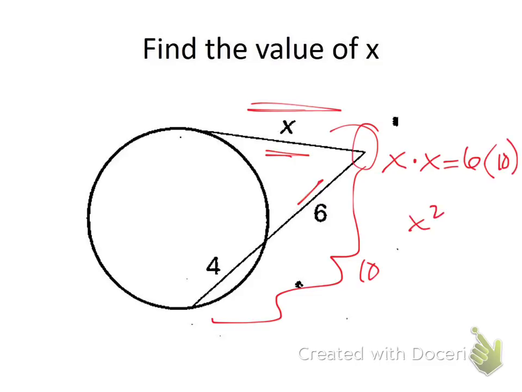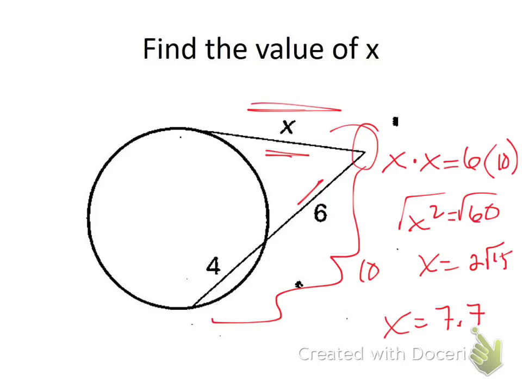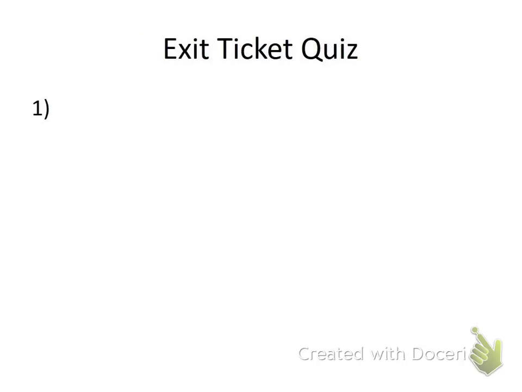So this is going to be x squared equals 60, square root both sides, and again, we're talking about a segment length, so you could reduce it down to 2 square root of 15, but going ahead and calculating out the square root of 60 makes enough sense as well. So we get 7.7. Okay? Sticking with the outside piece times the whole thing. That's it, right? Those are the only types of examples.